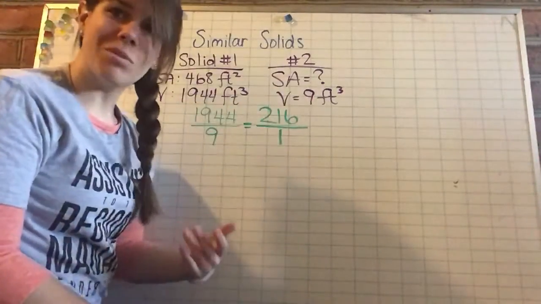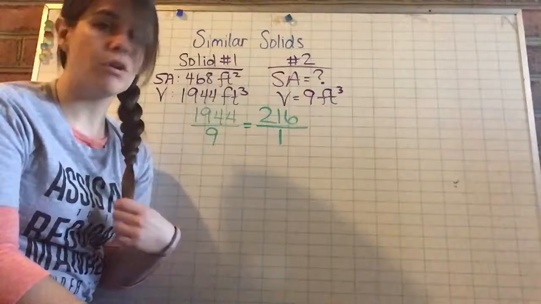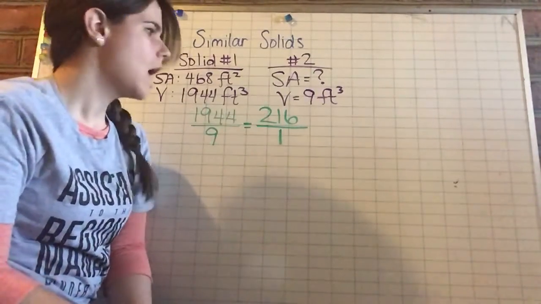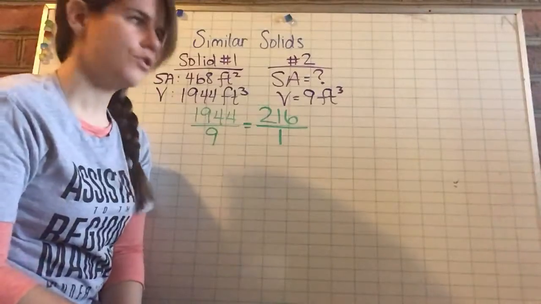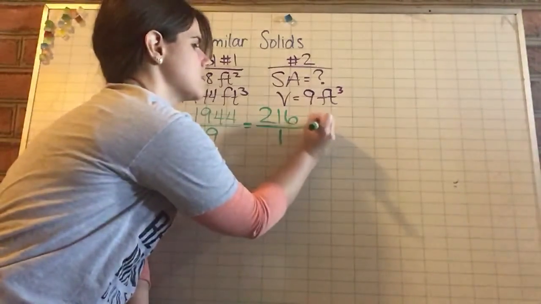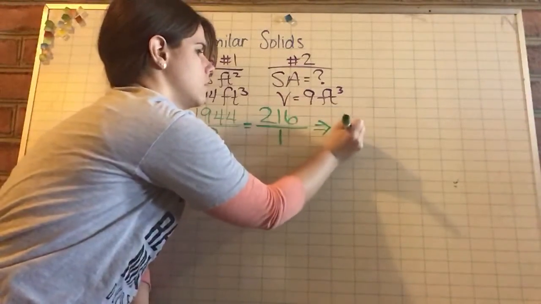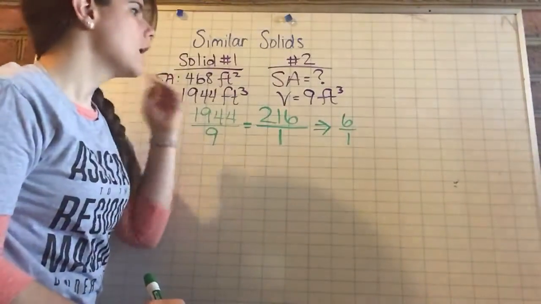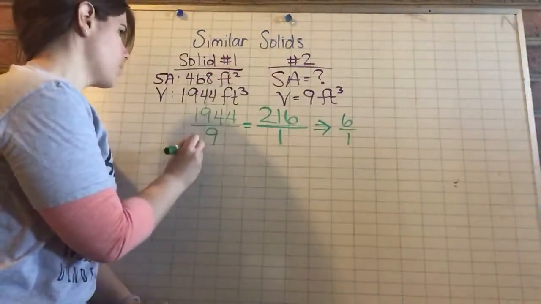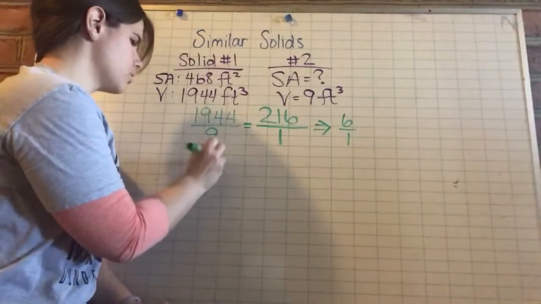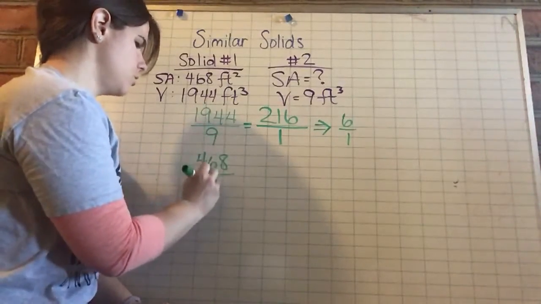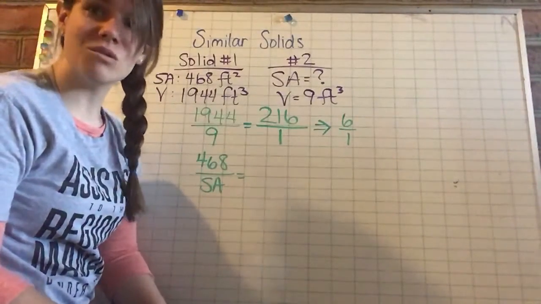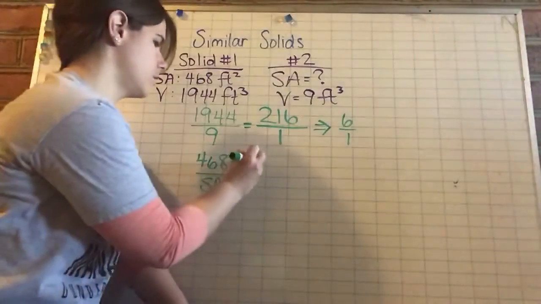And so, again, if you play around with your calculator, play around with your numbers, you'll see that 216 is a perfect cube. In fact, it is 6 cubed. So my scale factor is 6 over 1. Now, before I use those numbers to find my surface area, remember, I have to go back to those numbers and I need to square them.